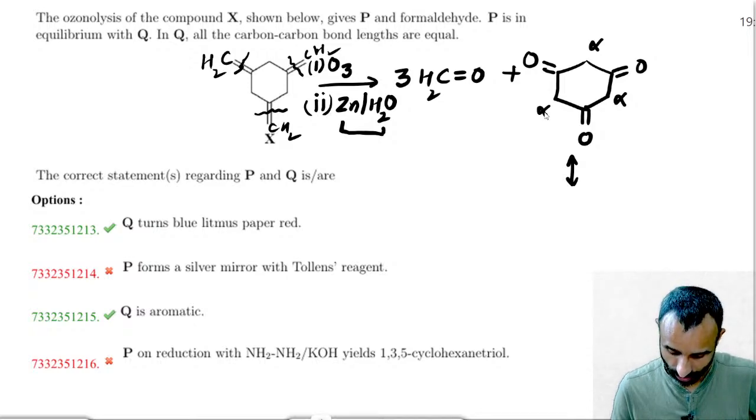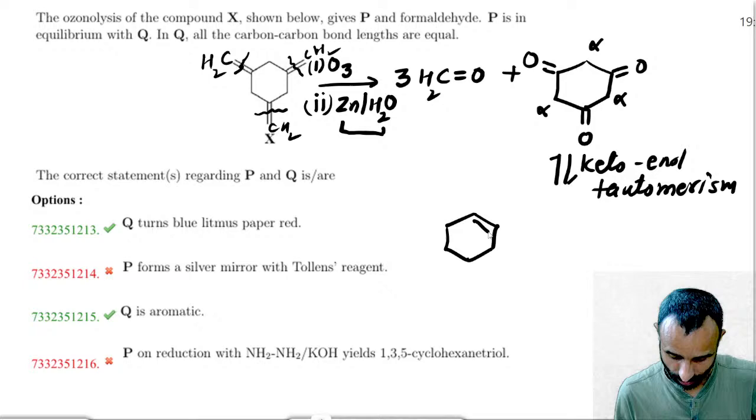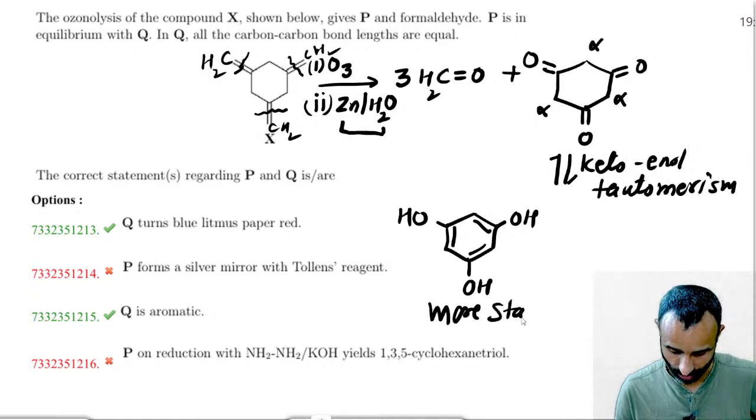So there is tautomerism, keto-enol tautomerism. And this tautomerism leads to the formation of the enol with OH, OH, OH. And this is more stable, being aromatic.